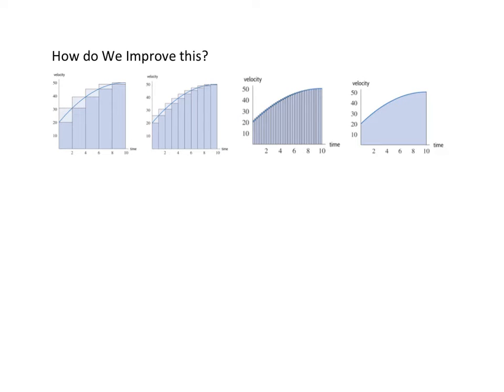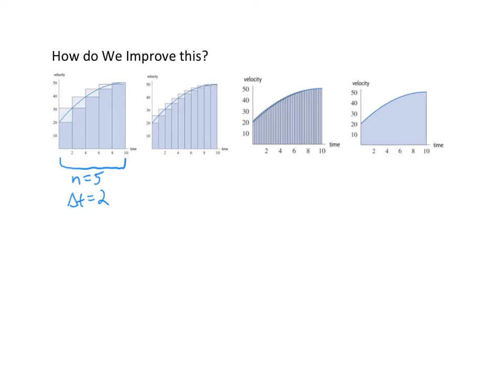Okay, so this first one is our previous example. And we would say n equals 5. In other words, we use 5 subdivisions, or delta t would be 2. Our intervals were 2 seconds long.